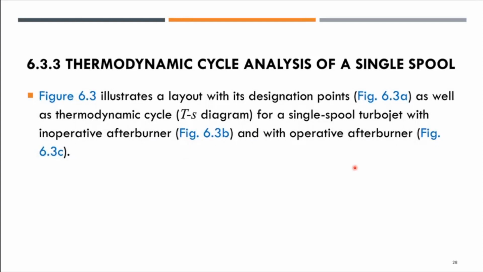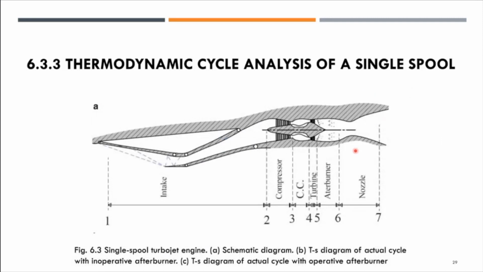We will see figure 6.3, which illustrates a layout with designation points, figure 6.3a, as well as the thermodynamic cycle TS diagram for a single spool turbojet without afterburner, figure 6.3b, and with afterburner. This is the schematic of a single spool turbojet engine, showing the type of intake.